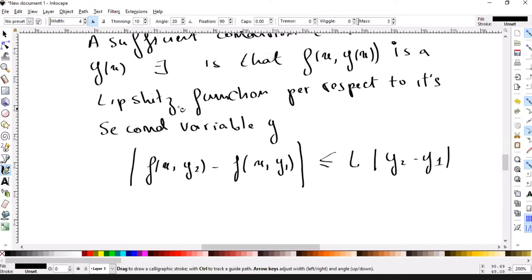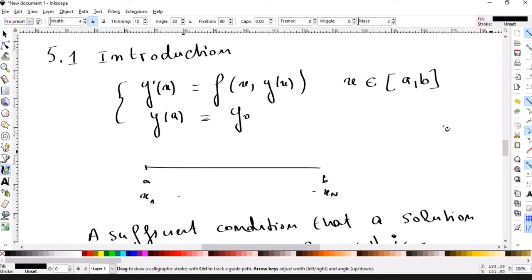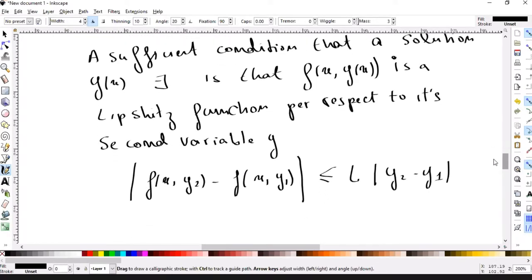Here it must be a Lipschitz function with respect to its second variable y. So when you take f of x, y2 minus f of x, y1, this must be inferior to L times |y2 minus y1|. So this is a sufficient condition that a unique solution exists for y of x.